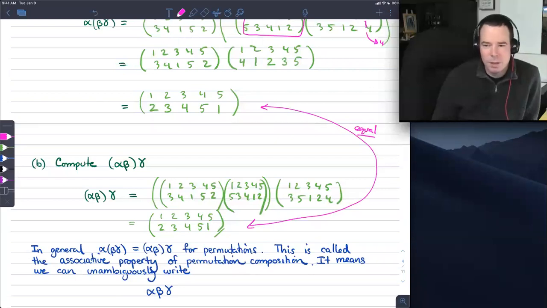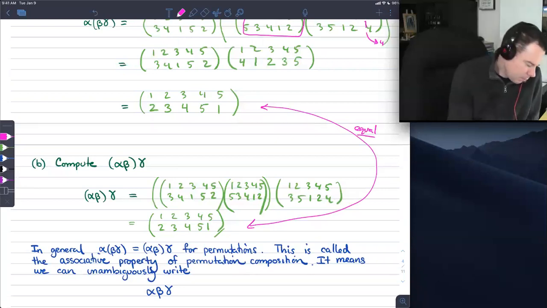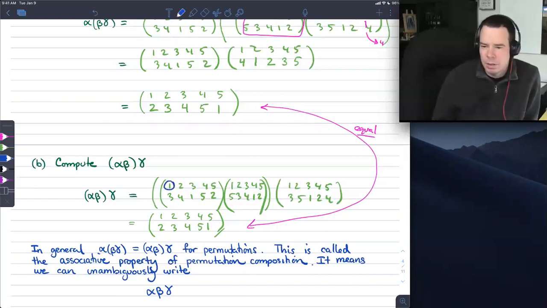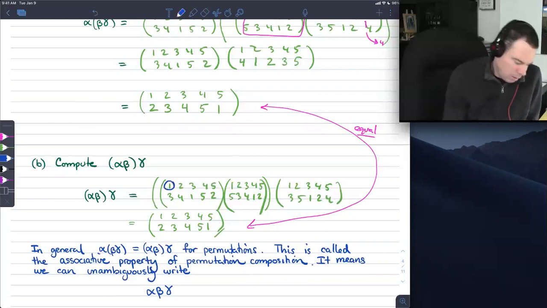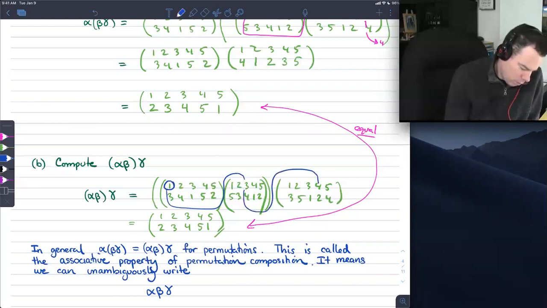In fact, you might be able to see why if I do this. If 1 is my starting number, then 1 goes to 3, 3 goes to 4, and 4 goes to 2.